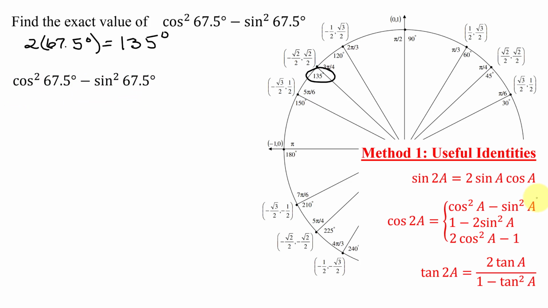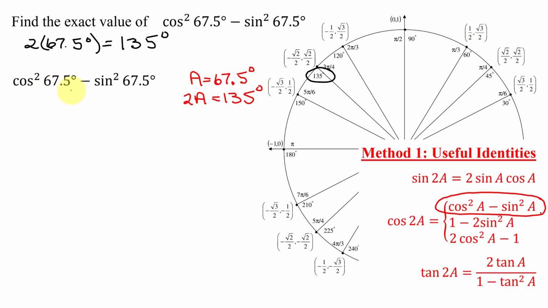Yes, if you look, the cosine of 2A, one of the ways of writing it is cosine squared A minus sine squared A. So in this problem, I know that A is going to equal 67.5 degrees. So 2A is going to equal 135 degrees.